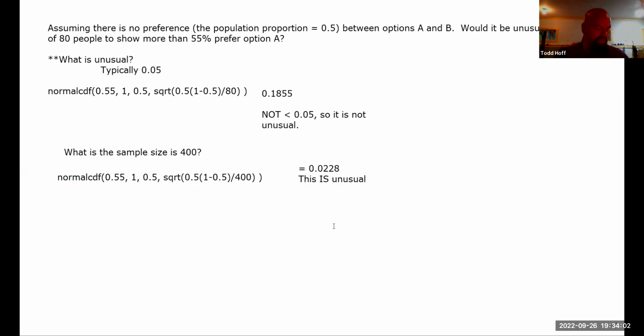The next thing we want to discuss is using these normal probabilities as an approximation to the binomial distribution.